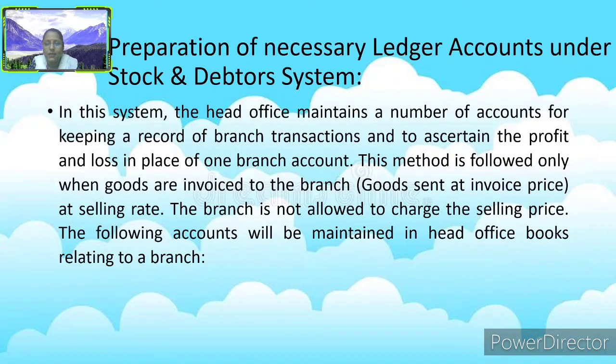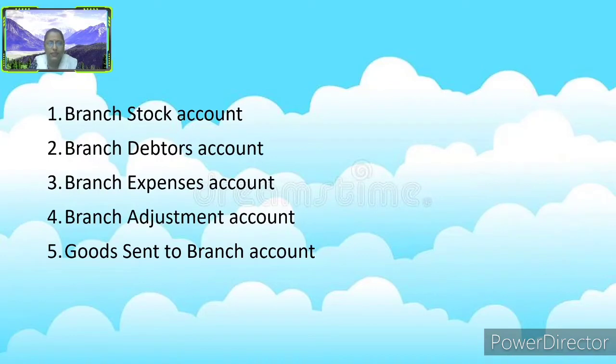Now let us discuss what are the various types of accounts that are maintained under the stock and debtors system. Let us discuss one by one. The following are the important accounts that should be maintained under the stock and debtors system: the branch stock account, branch debtors account, branch expenses account, branch adjustment account, and goods sent to branch account.